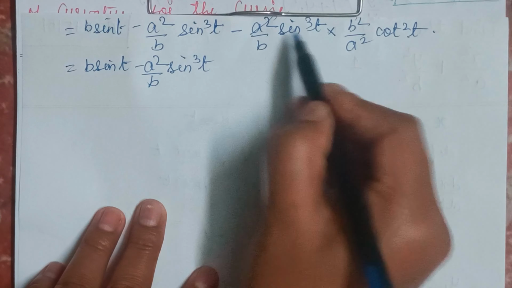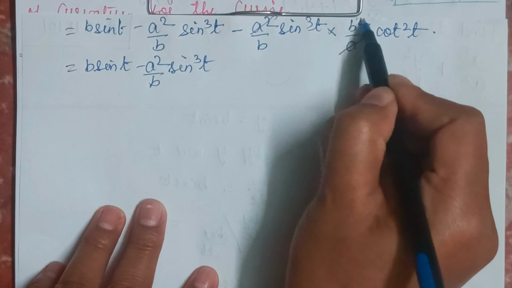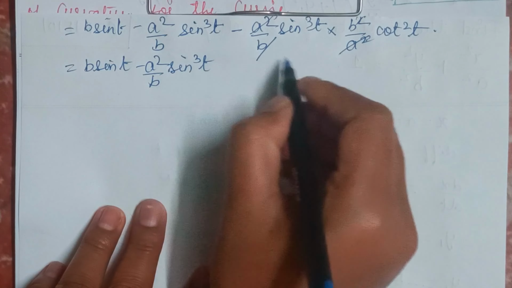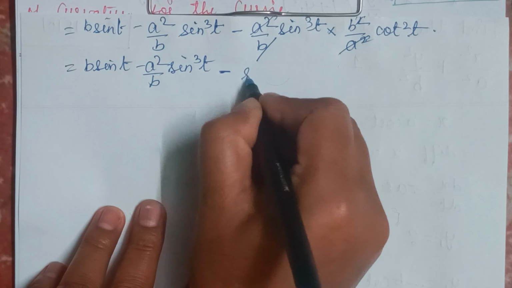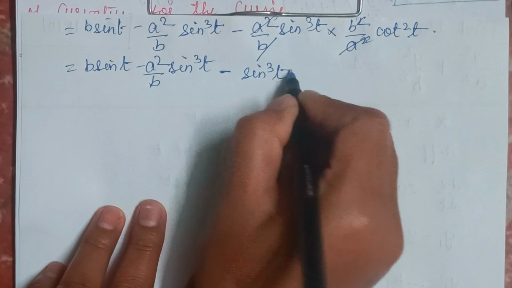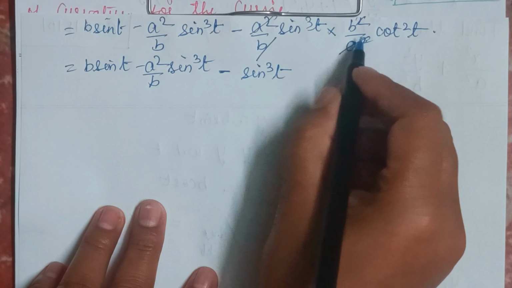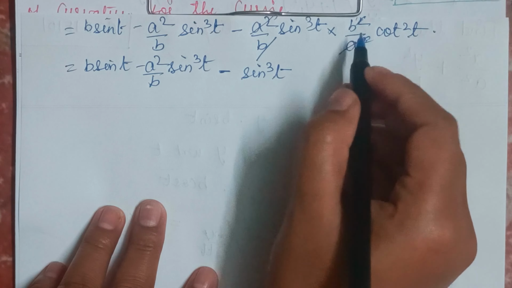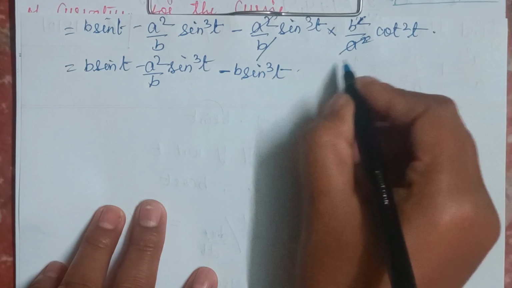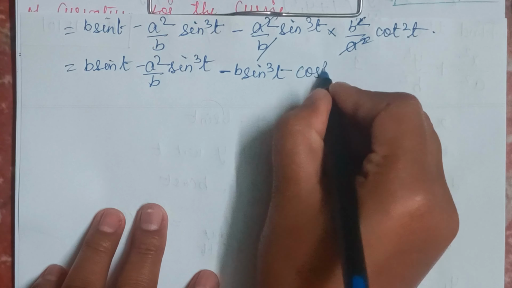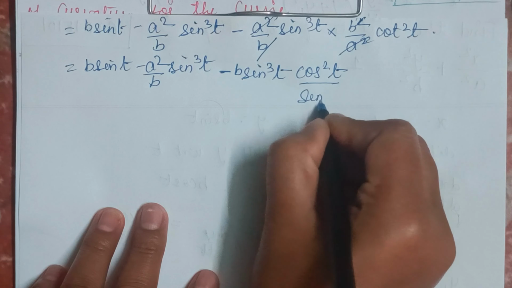So a square and a square will get cancelled, b square and b will get cancelled, so it will give me minus sine cube t into, here only this square got cancelled, so I have this b into cot square. I can write it as cos square t divided by sine square t.